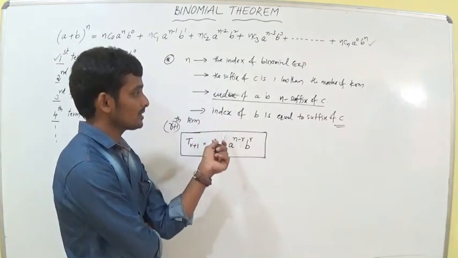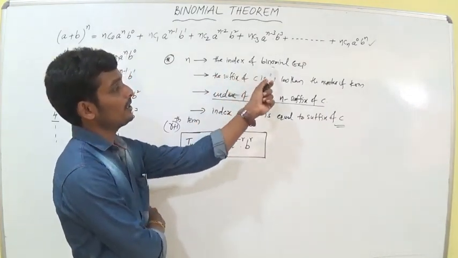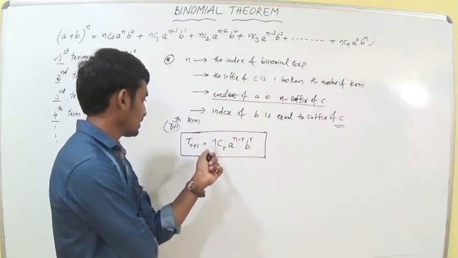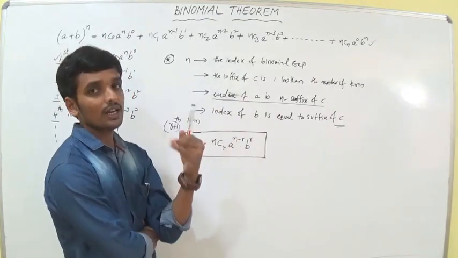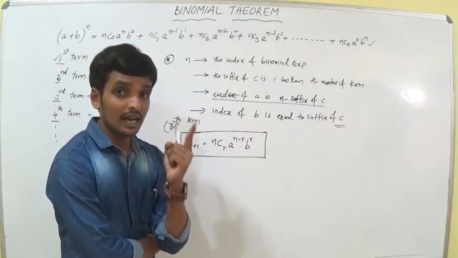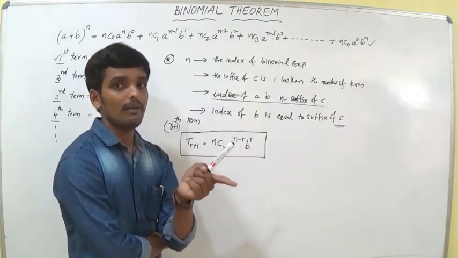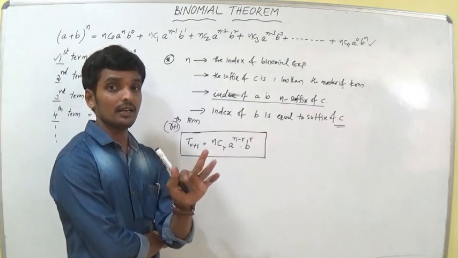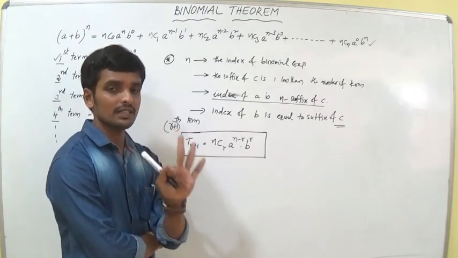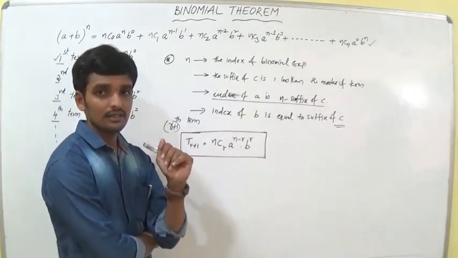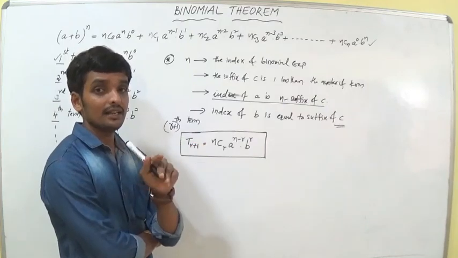From these four examples, you can understand the index of the binomial expression is n, so we are writing n. The suffix of C is 1 less than the number of terms. If you want the rth term, it has r minus 1. If you want the r plus 1th term, it is r. If you want the third term, it is 2. If you want the seventh term, it is 6. So it is 1 less than the number of terms.